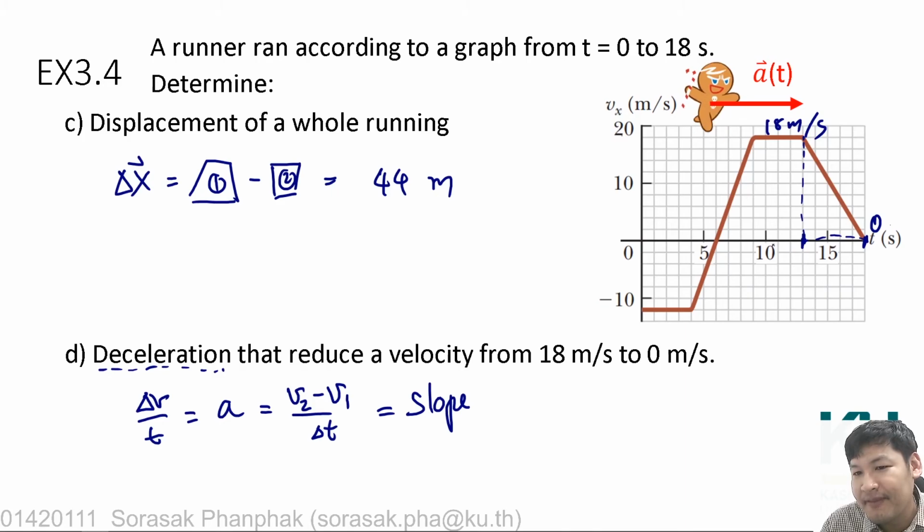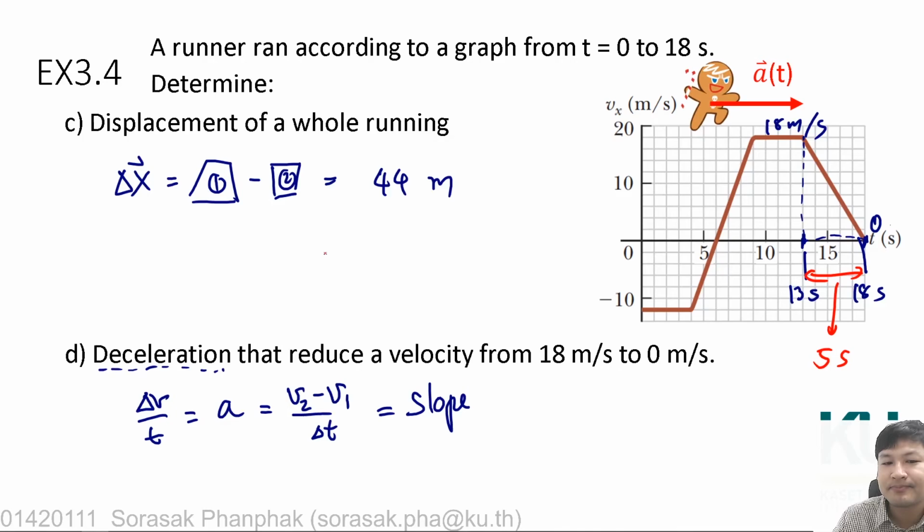So this is from 13 seconds to 18 seconds. The difference here is 5 seconds. And delta V is 0 to 18. This is 18. So now you can find the slope, 18 over 5.